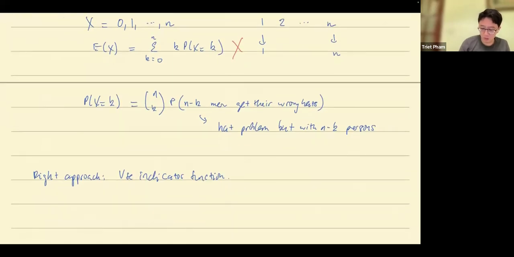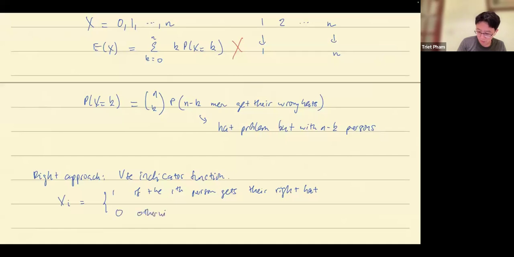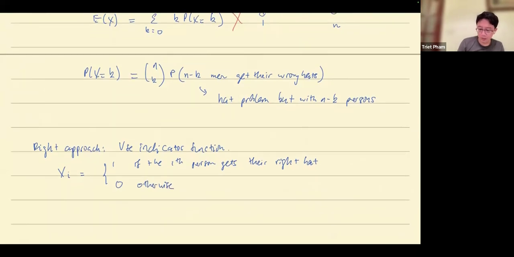So if you go through each man, let xi be 1 if the ith person gets their right hat, and 0 otherwise, meaning the ith person gets the wrong hat.